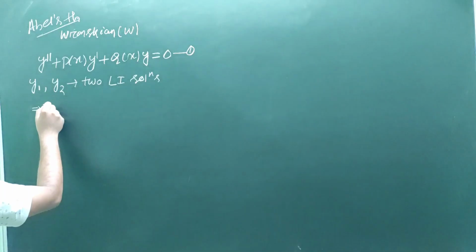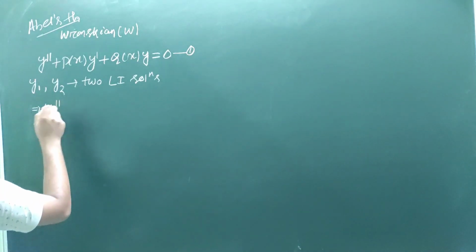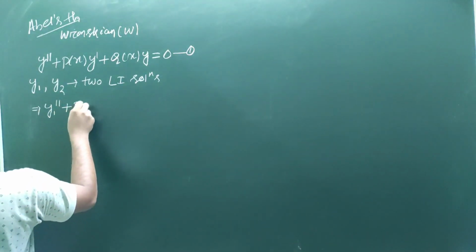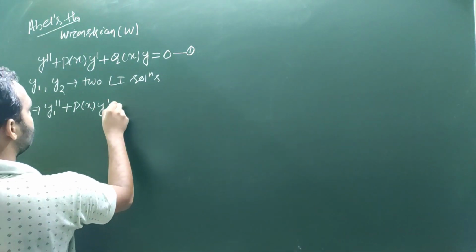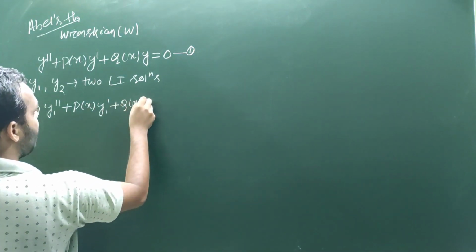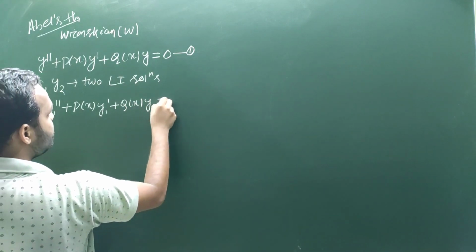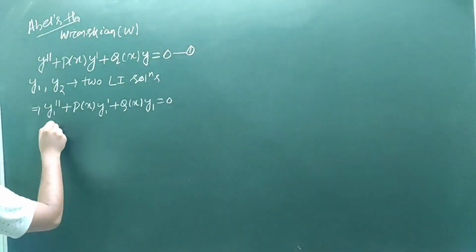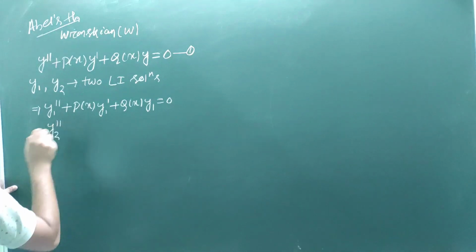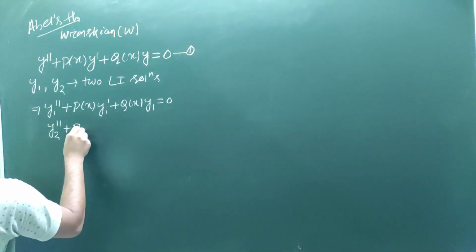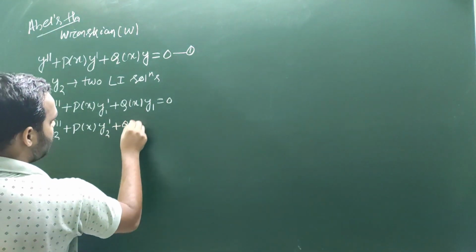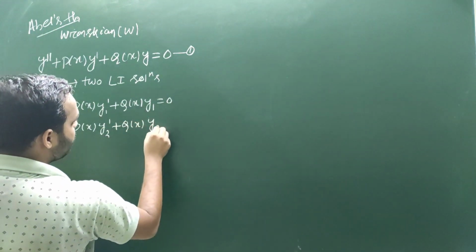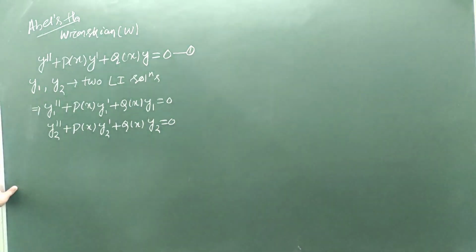Now we write y1 double prime plus p of x y1 prime plus q of x y1 is equal to 0, and y2 also satisfies this equation: y2 double dash plus p of x y2 dash plus q of x y2 is equal to 0. Now why am I doing it?